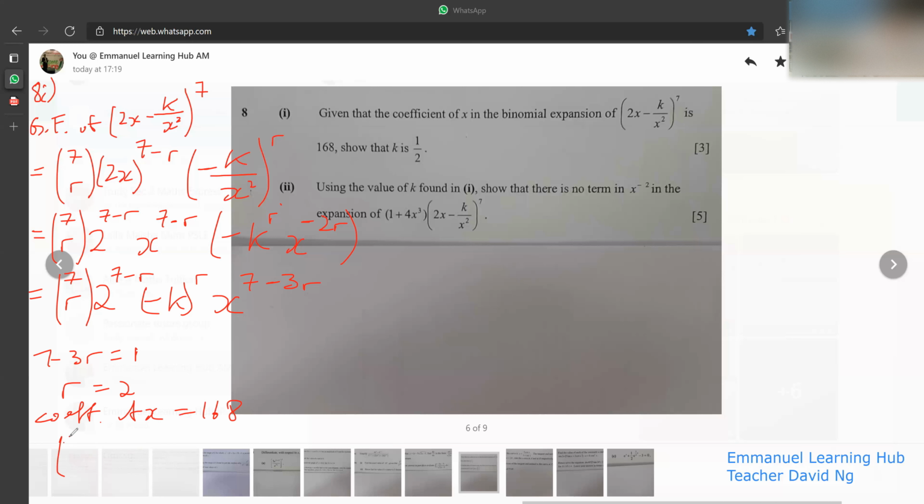So you have 7 C 2, 2 to the power of 5, k to the power of 2, k square, minus k square is still k square. Then x to the power of 1. The coefficient of x is 168, so there's no need to have x.